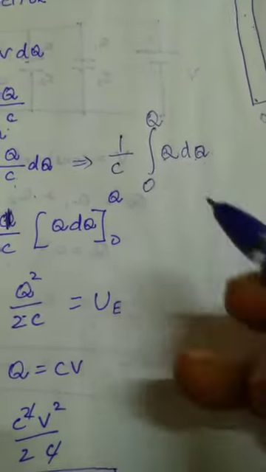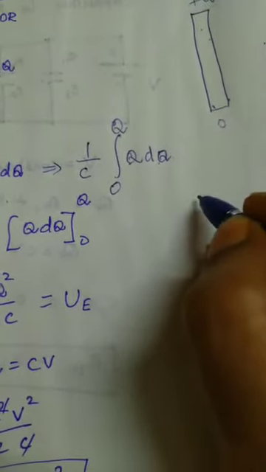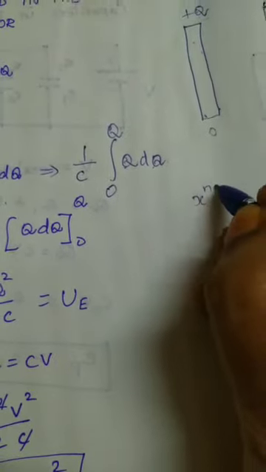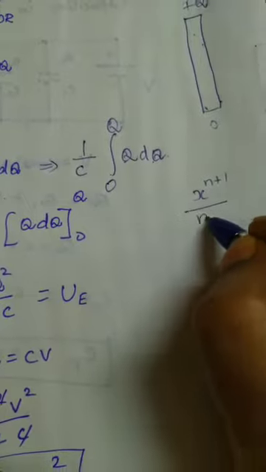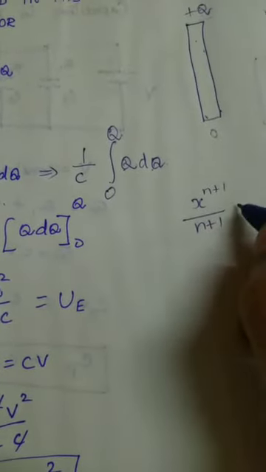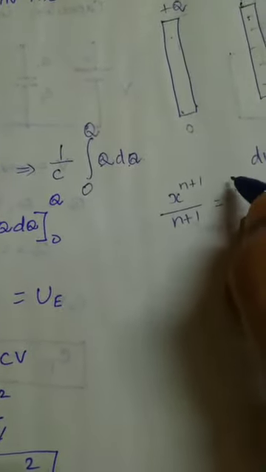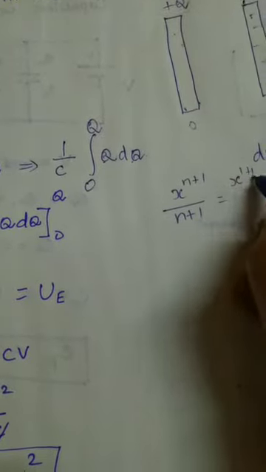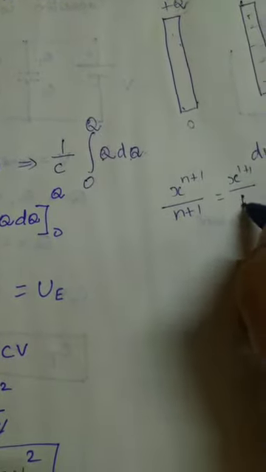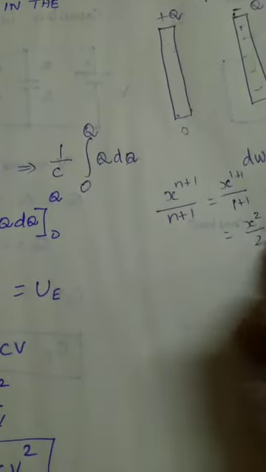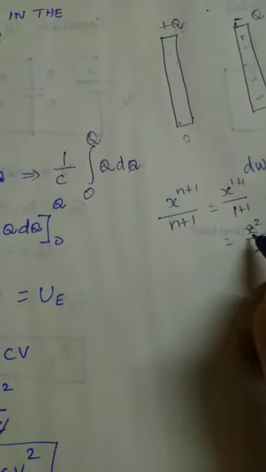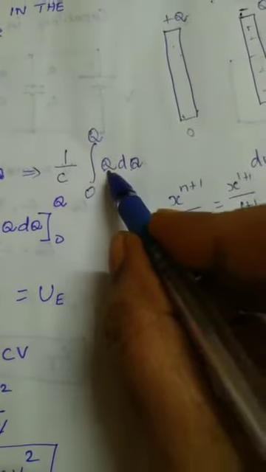Integrating Q into dQ, we get x power n plus 1 by n plus 1, right? Which is equal to x power 1 plus 1 by 1 plus 1, which is equal to x square by 2. Here instead of x we are going to use q, right?